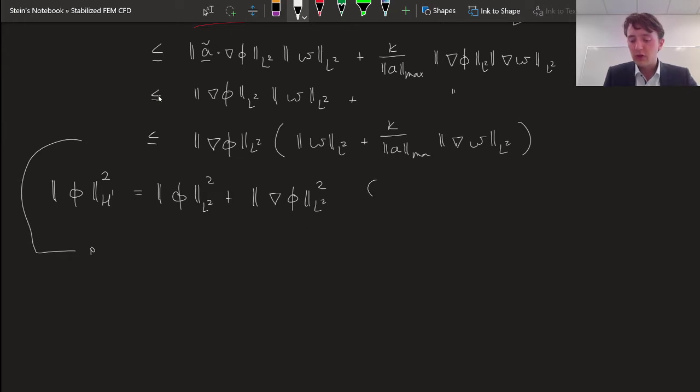So just to state completely what I'm saying here, that means that the L2 norm of the gradient of phi squared is going to be smaller than or equal to the H1 norm squared. Now, we can simply take the square root of both sides here and we get that expression, or alternatively we can do the same thing for phi itself.